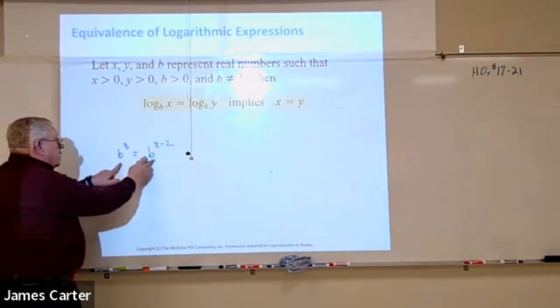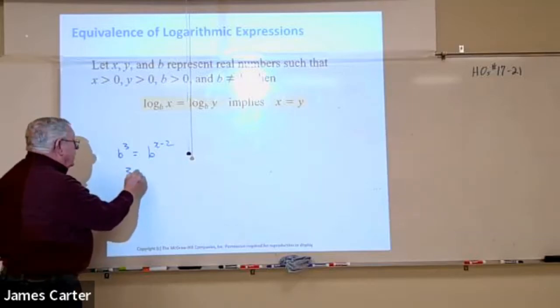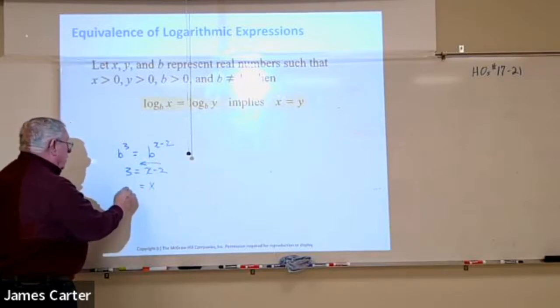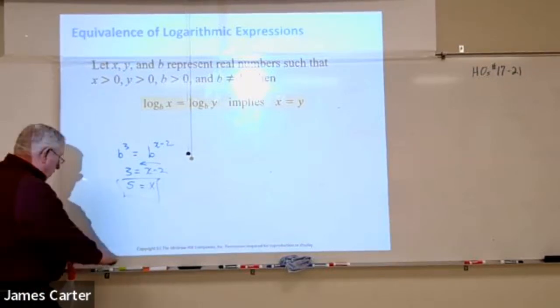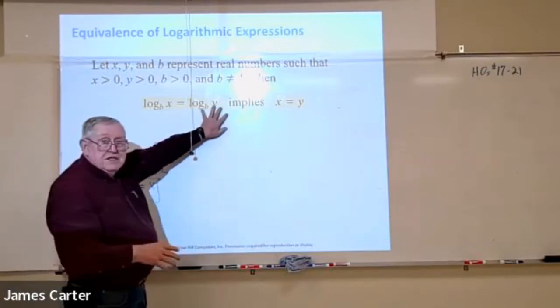In these cases, I could remove both b's and just have 3 equals x minus 2. Take that over. X equals 5. Done. You remember doing that? Well, in a similar manner, that's what this is.